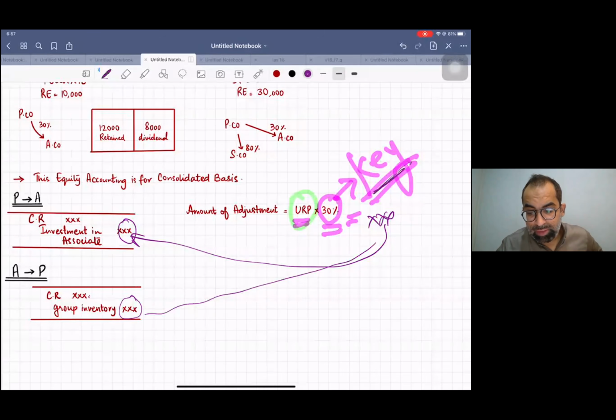This is the main error which students make. What's the error? When you deal with subsidiary, adjust complete URP. Simple. But when you deal with associate, then only one thing: multiply URP by your holding percentage and then post the entry. Okay.